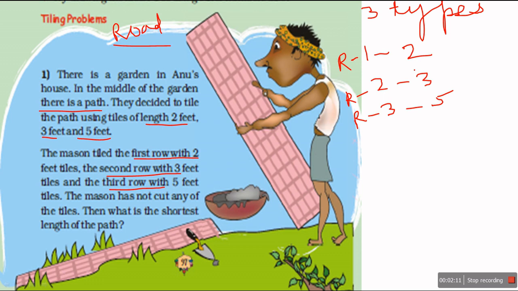So what could be the shortest length? Shortest length means fitting all the tiles: in the first row 2, in the second row 3, and in the third row 5 foot tile.